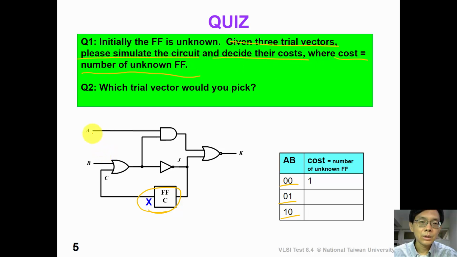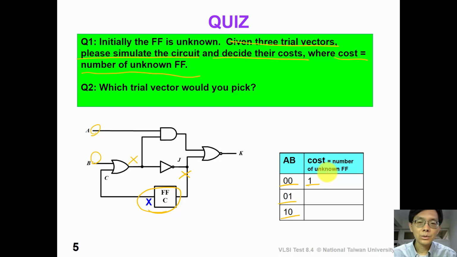For example, suppose we apply the test vector 0 0. The output of the OR gate is unknown, so J is still unknown, and the flip-flop is still unknown, so the cost is 1. Now please pause the video and work on this quiz.